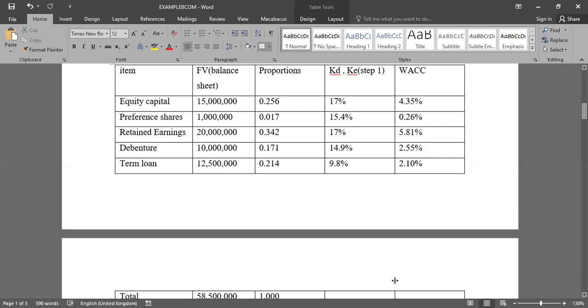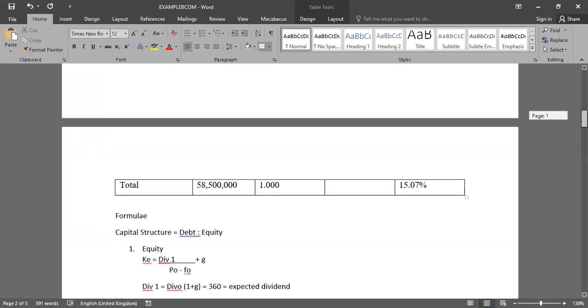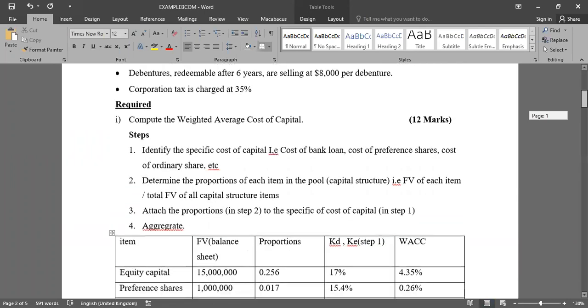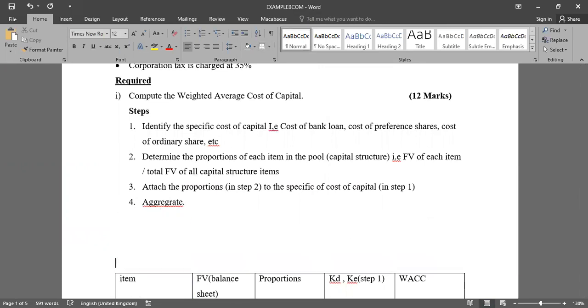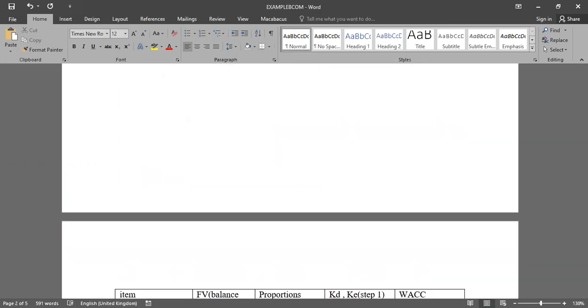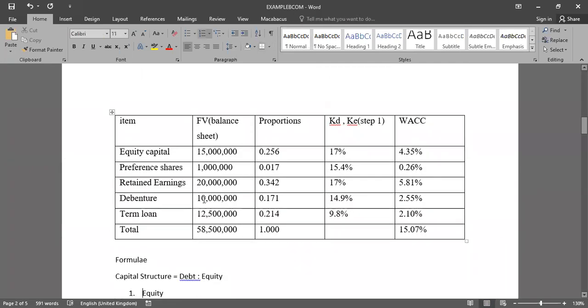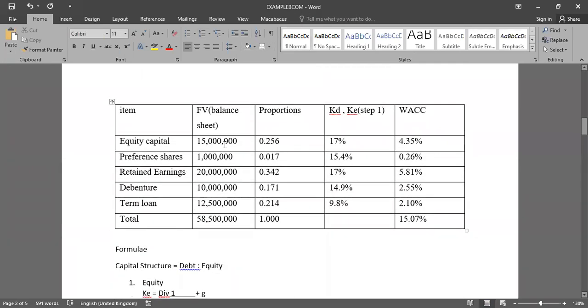Okay, I have 15.07%. So that is how we get it. Any questions on this one? I can just scroll it down so it's a bit organized. Okay, that's how we get that.